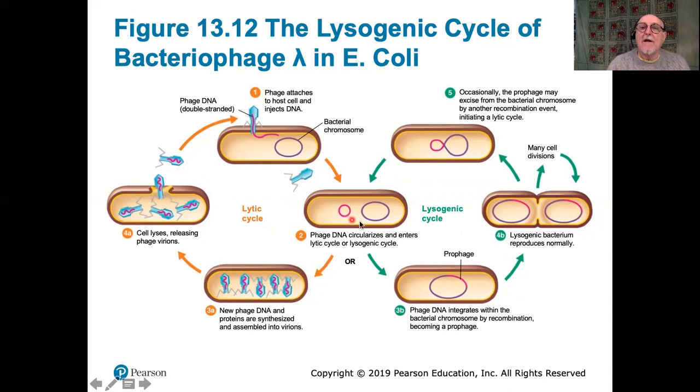And what happens now is that the host DNA is inactivated, and instead all of these viral genes begin to get read off and produce viral particles, and now the cell enters a lytic phase. This is exactly like the lytic phase that we saw before. And the cell produces masses of viral particles and then bursts.